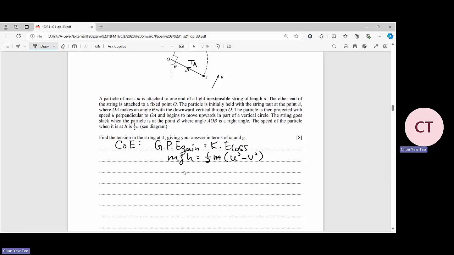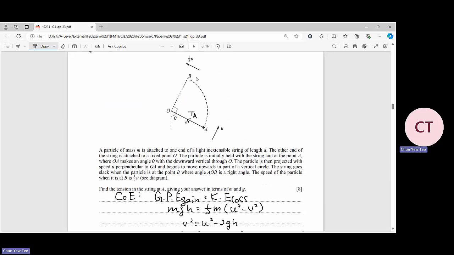So you have v squared equal to u squared minus 2gh. Your v is actually half u. Your u is still u. Your g is g. Your h is A cos theta plus A sin theta.